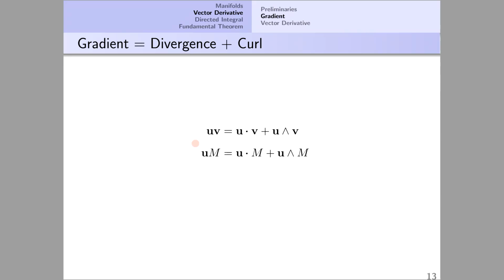Well, in the same way as this equation holds, this equation holds. Vector times multivector equals vector inner multivector plus vector outer multivector. The gradient is equal to the divergence plus the curl, unifying the divergence and the curl into a single operator.